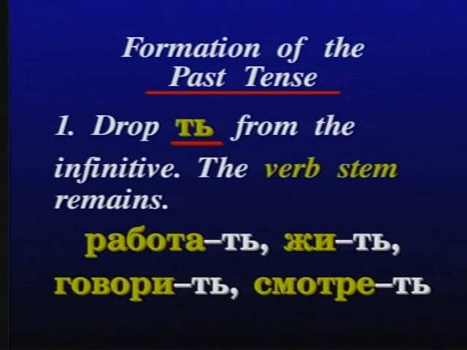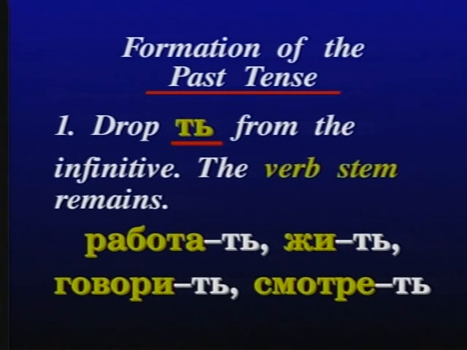And the verb stem of работать is работа. That's the yellow part of this verb. Работа. Now, жить is a very short verb, but still we have to get rid of the -ть and the soft sign at the end. And the verb stem is жи. Just a two-letter verb stem. Жи.